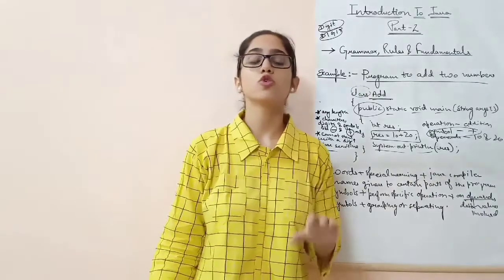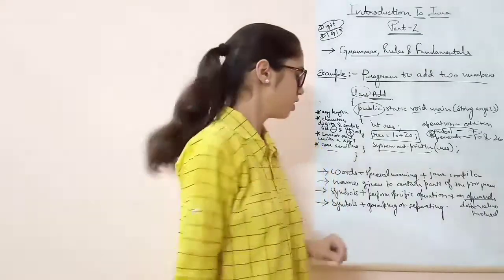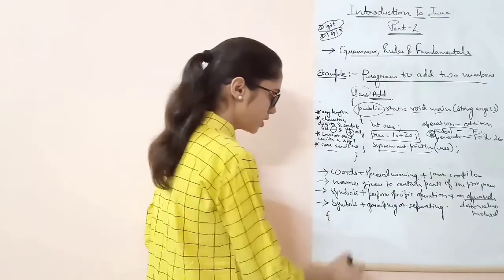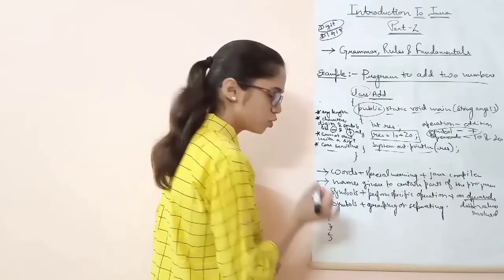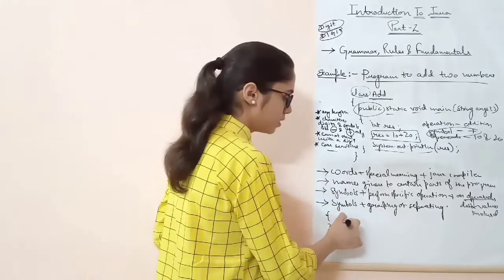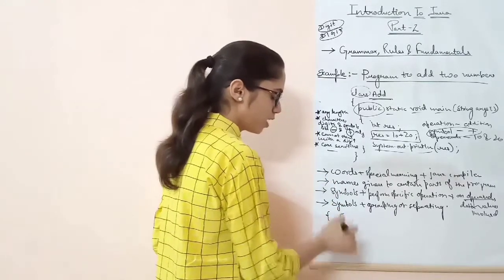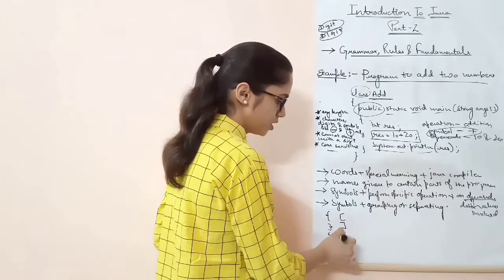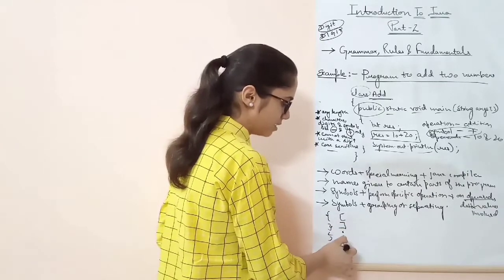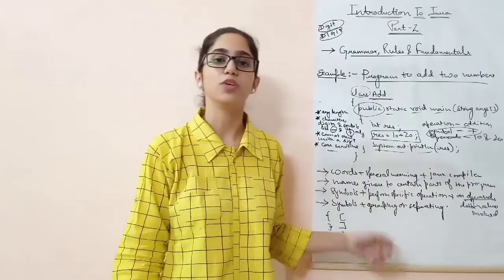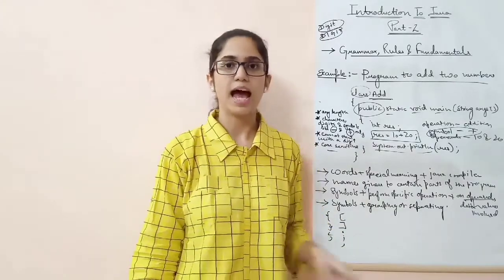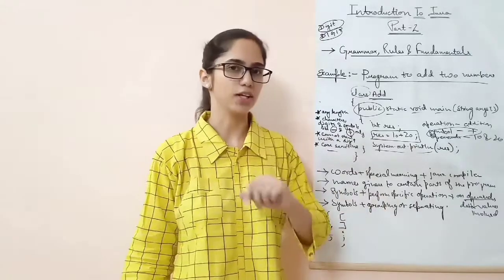Now there are in total 9 punctuators, which are opening braces, closing braces, opening parenthesis, closing parenthesis, opening square bracket, closing square bracket, a period, a semicolon, and a comma. These are the 9 punctuators that we use in Java language, and these will be discussed shortly.